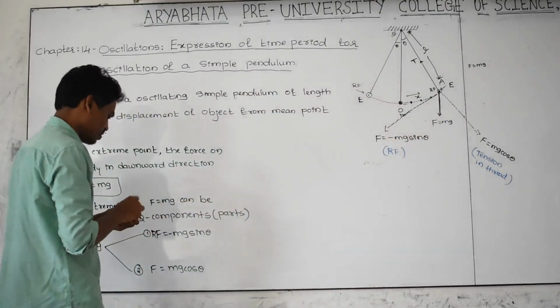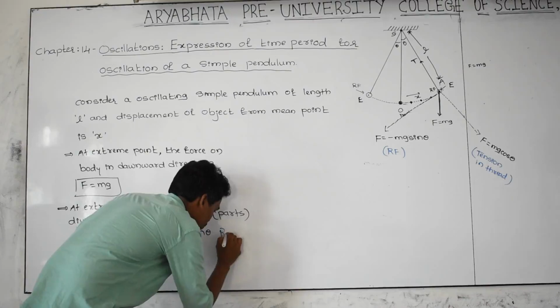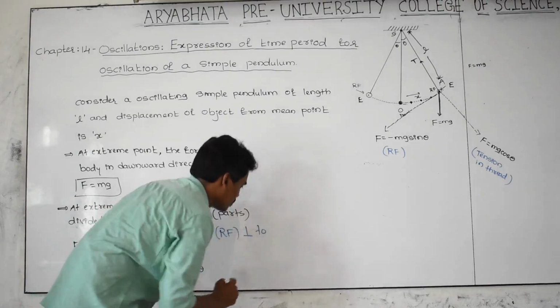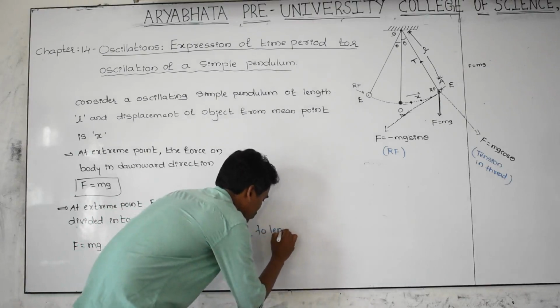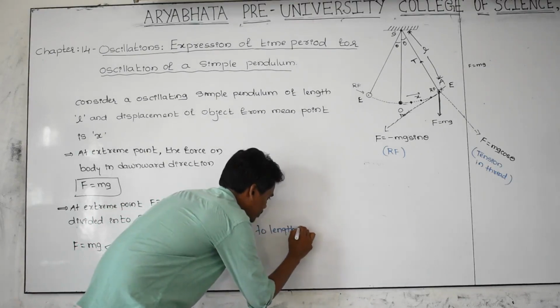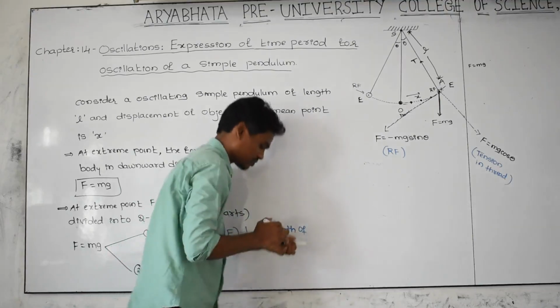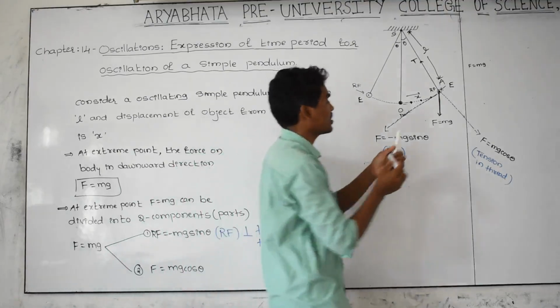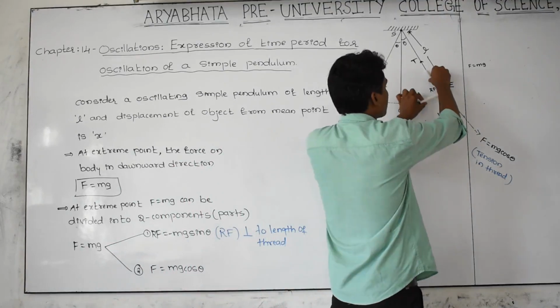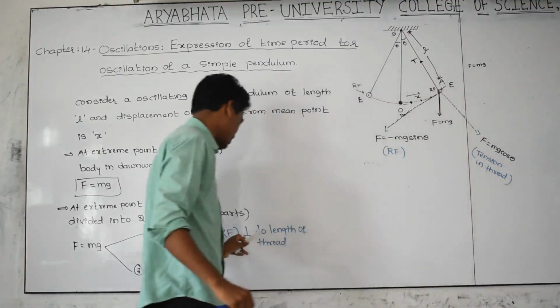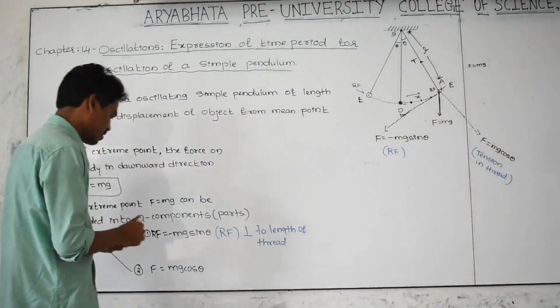And here this is a restoring force perpendicular to the length of the thread. How come? Let us see, this is the length of the thread and this is the restoring force. The angle between those two is exactly 90 degrees, that's why the perpendicular symbol.